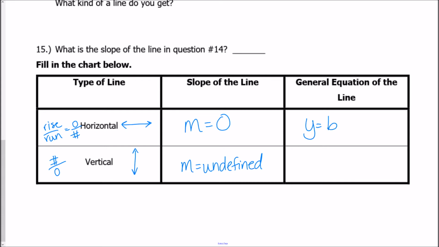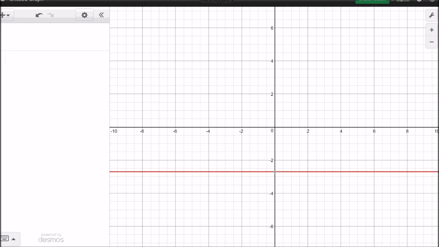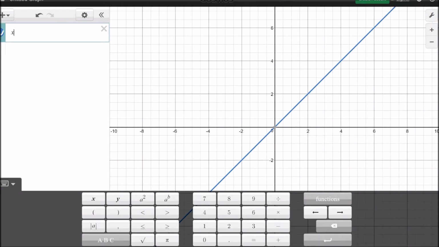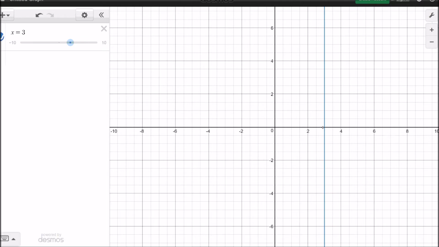And then for a vertical line, if you notice in a horizontal line, it's always y equals the same number. In a vertical line, what will end up happening is that we will always end up getting x equals the same number. So for example, if I had x equals 3, if you notice right here, my x-intercept is 3, but every single point along my line always has an x value of 3.